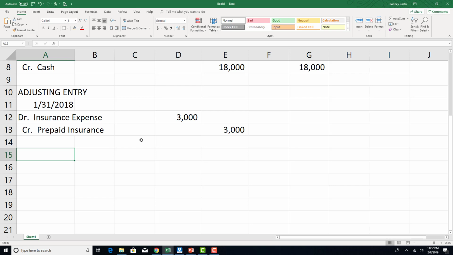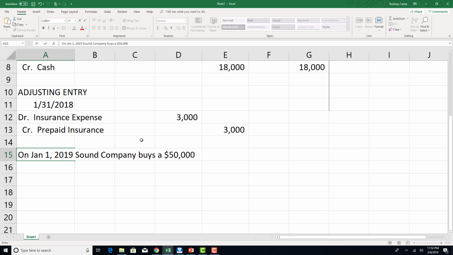Let's do depreciation. On January 1st, 2019, Sunshine Company buys a $50,000 piece of equipment for their company.